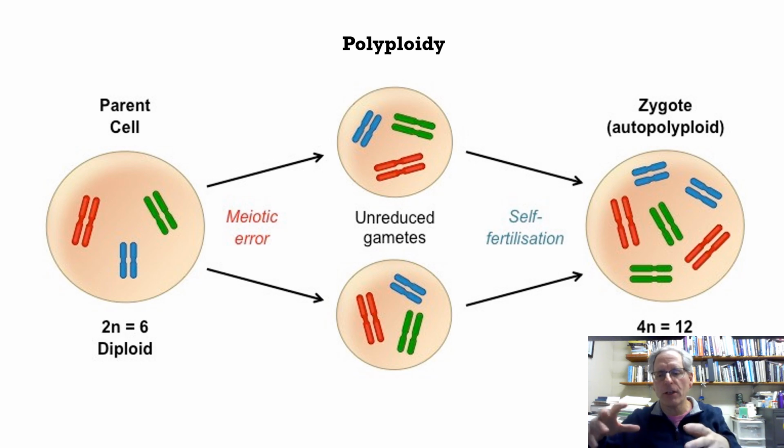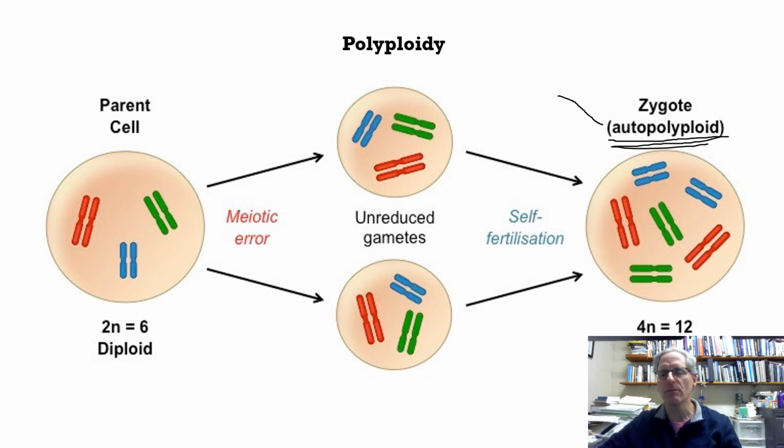Alternatively, you can have changes in numbers of chromosomes. These occur because of errors during segregation of chromosomes, typically during oogenesis or during spermatogenesis in some cases. So errors during meiosis can prevent chromosomes from properly separating. During meiosis 1, that will tend to cause autopolyploidy.